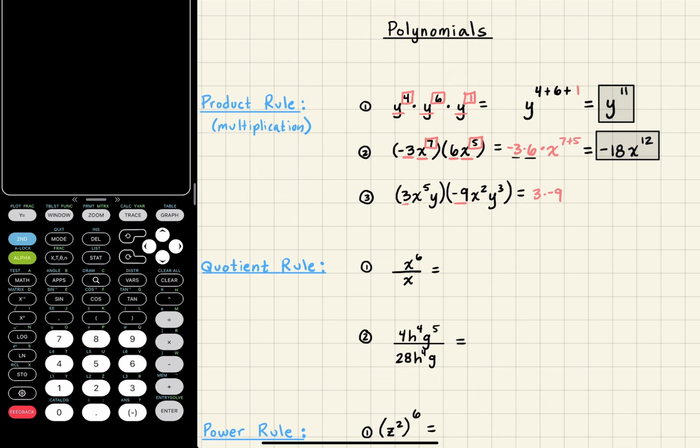So we can multiply the x's with the x's over here, keep the base the same, and we add the exponents. That's the product rule. Okay. We can multiply the y's with the y's, keep the base the same, and we add those exponents. Right, it's understood there's a 1 here.